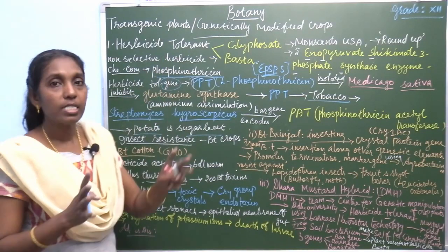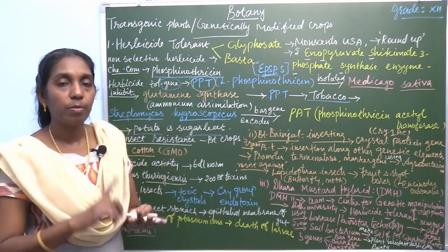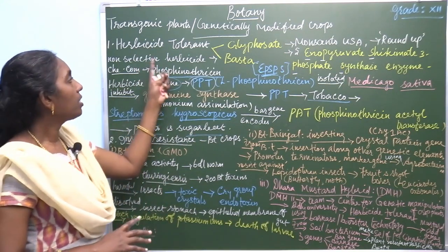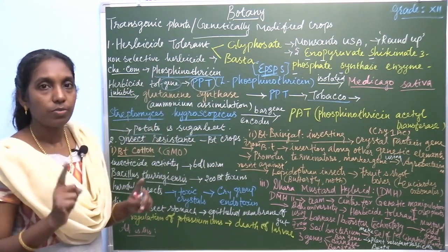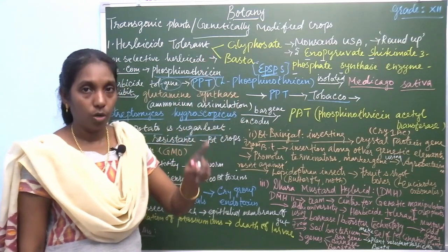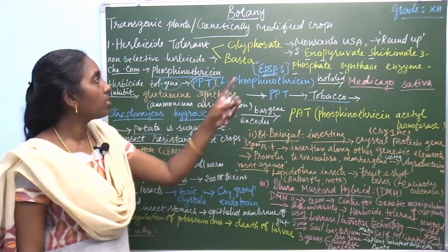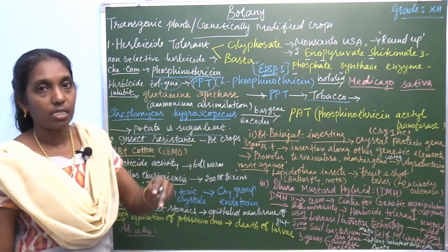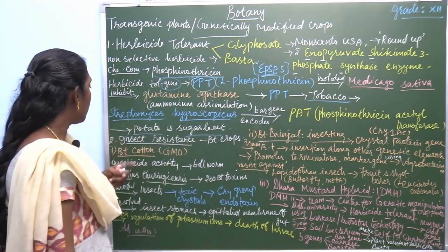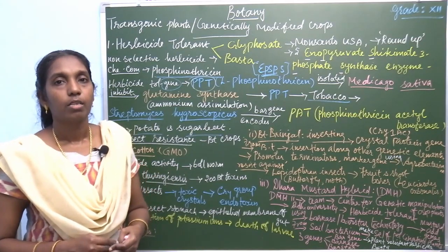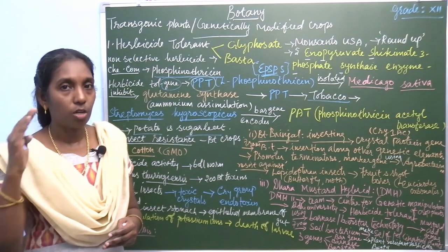Among transgenic plants, there are so many: disease resistant, pest resistant, insect resistant, herbicide resistant. Herbicide resistant, today's first question, you learn about herbicide tolerant. Two examples you study: tolerant of glyphosate and tolerant of Basta. Now the second question is insect resistant varieties. First one, herbicide tolerant variety.